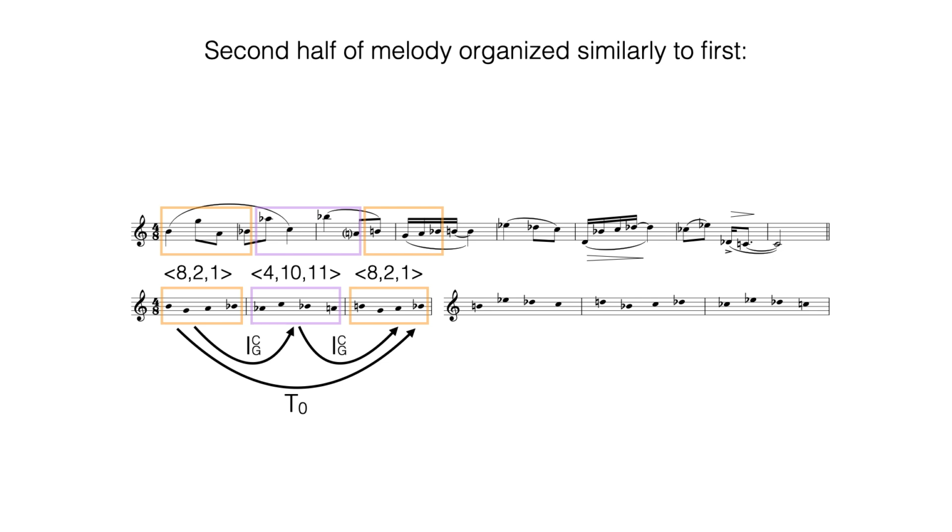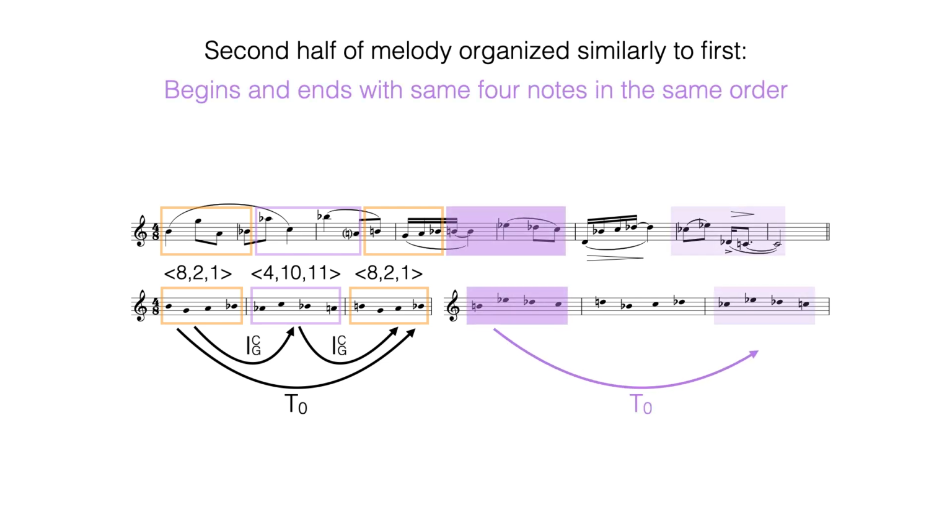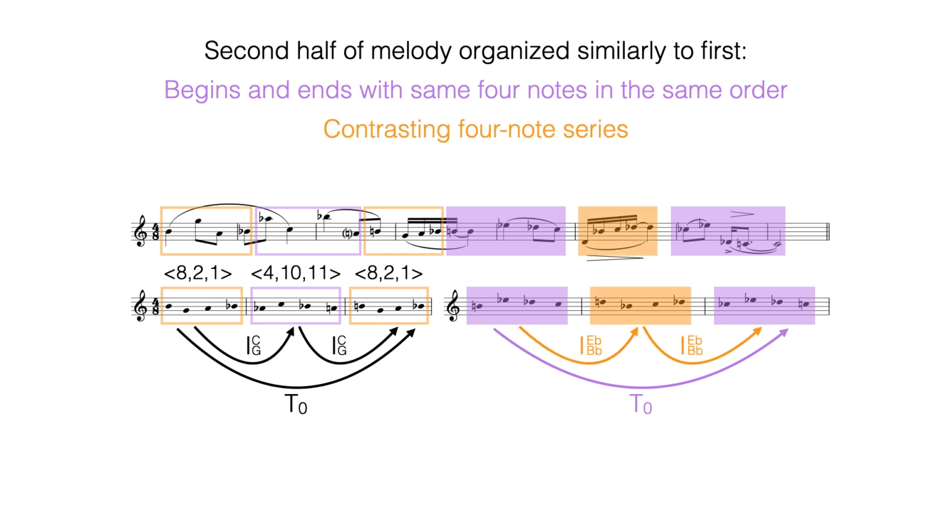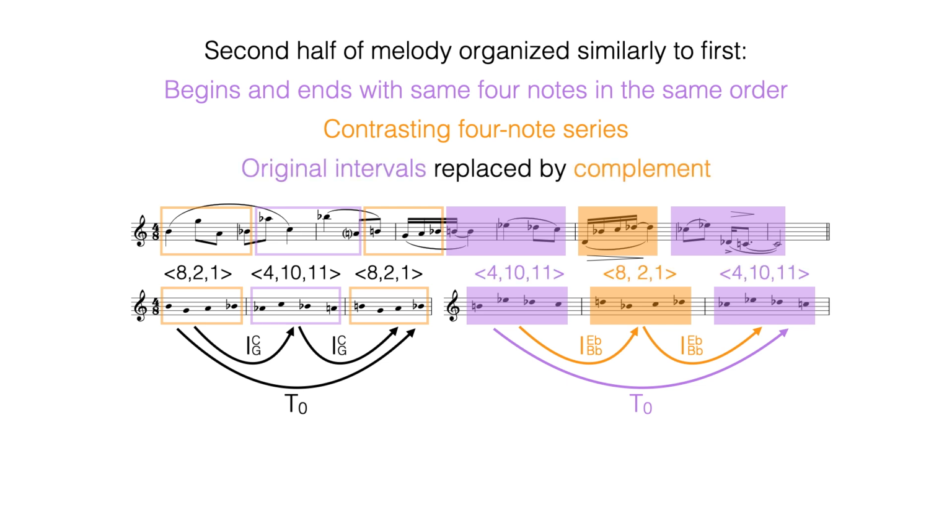The second half of the melody is organized in a very similar fashion. Again, there are 12 notes where the first four and the last four are the same. In between, we have a contrasting four-note series form related to these by inversion, so the original intervals are replaced by their complements.